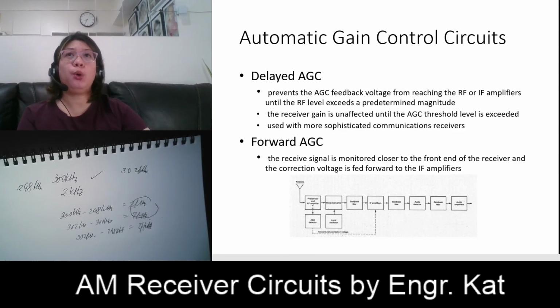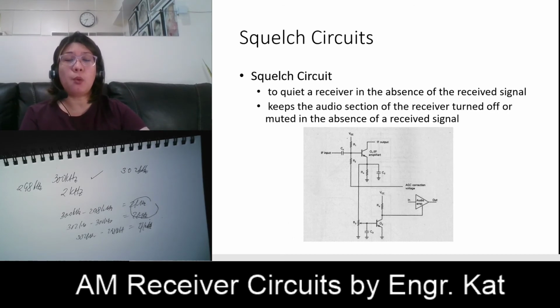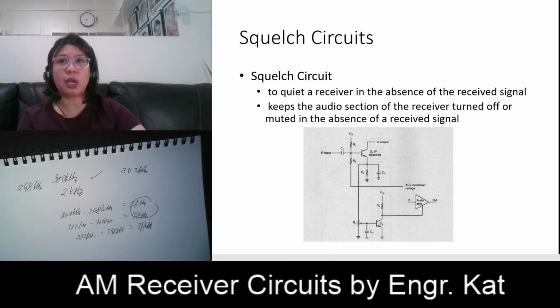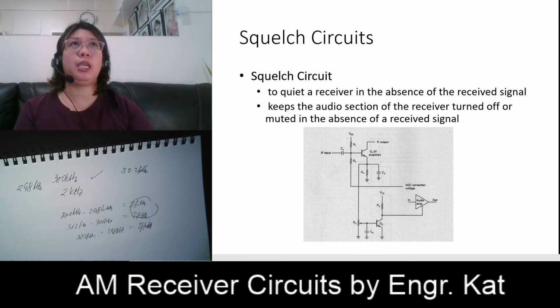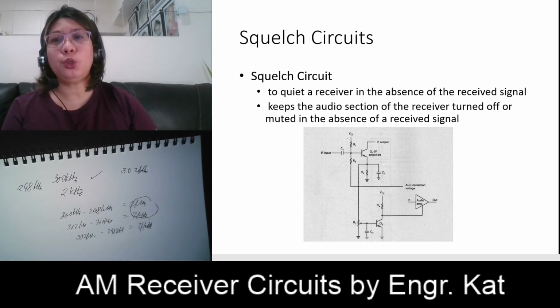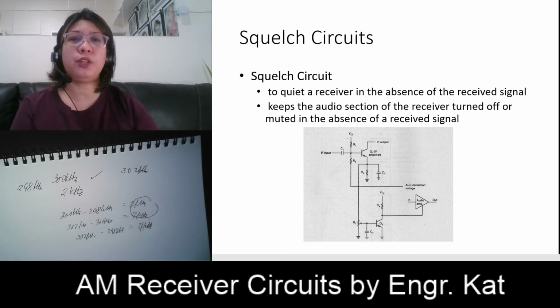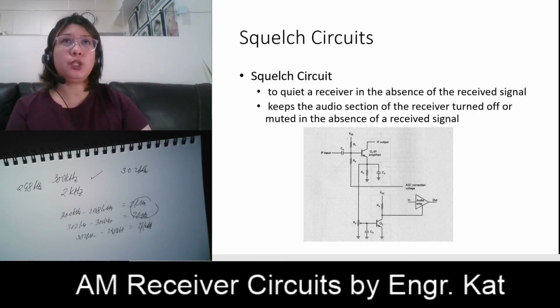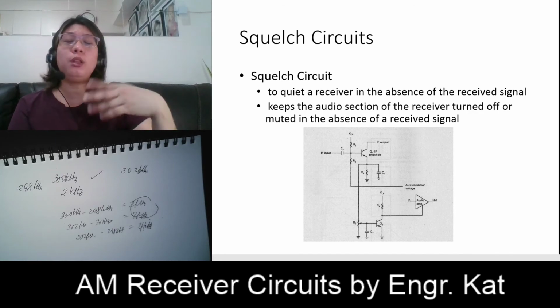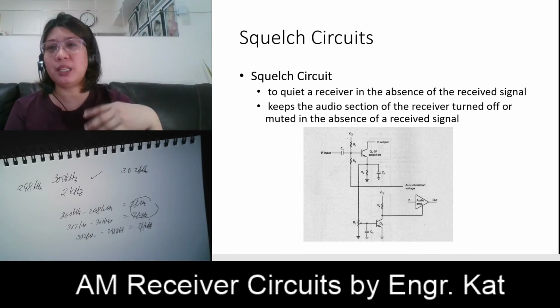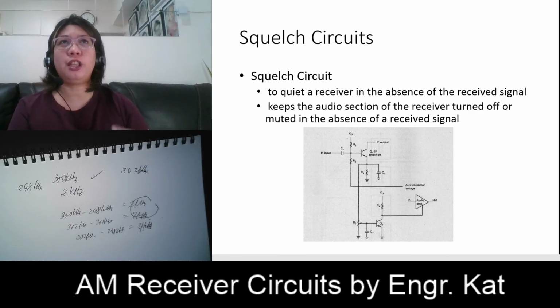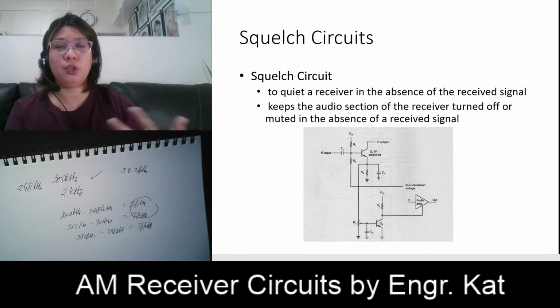Another type of circuit that we can see in our receiver circuits is what we call the squelch circuit. What do we mean by squelch circuit? This is used to quiet a receiver in the absence of a received signal. All of the stations are transmitting their carrier regardless of whether there is any modulation.